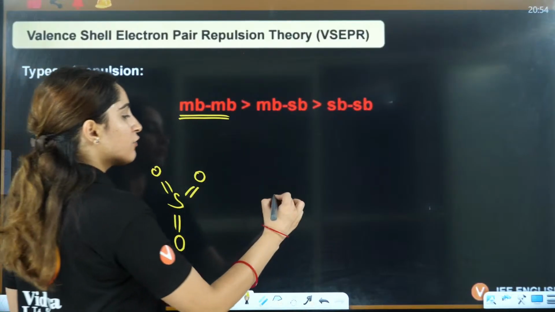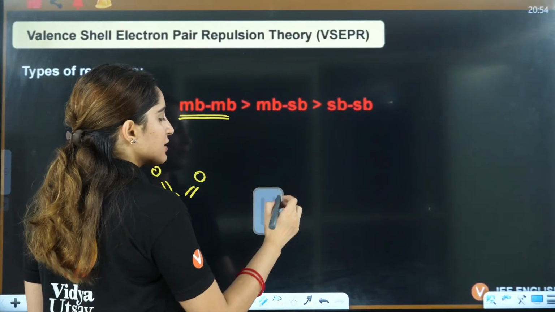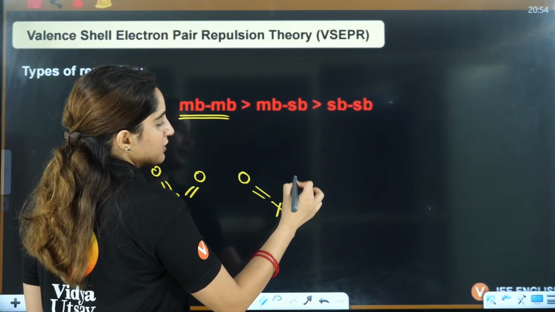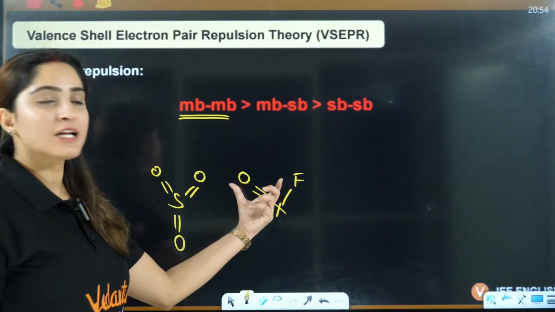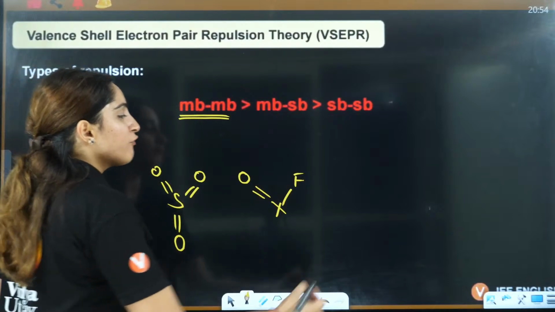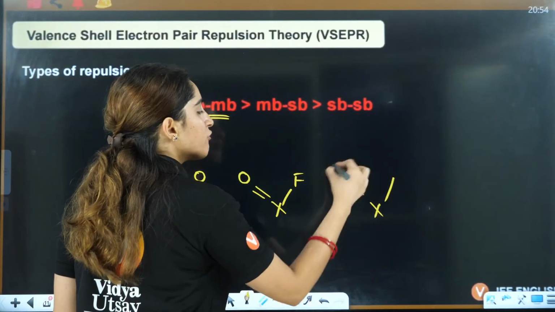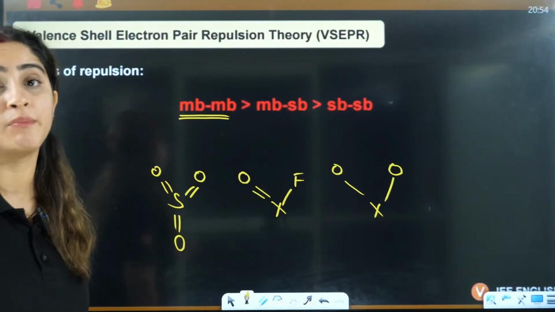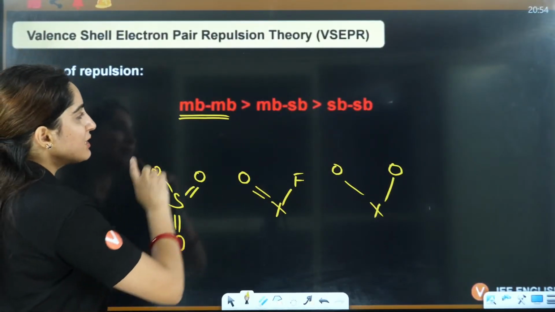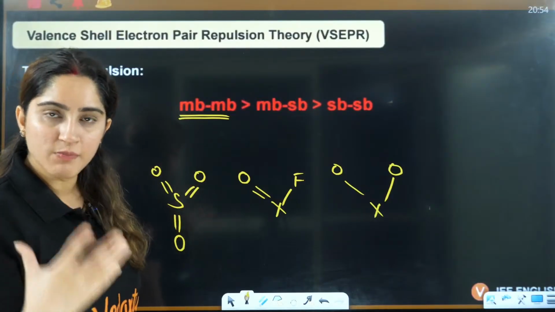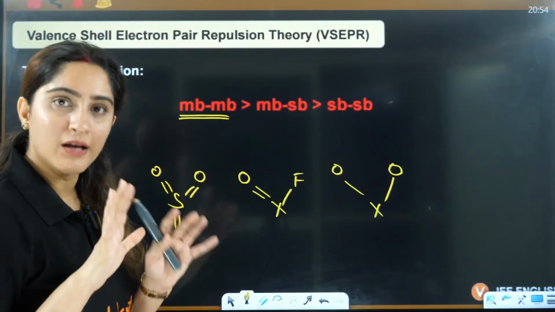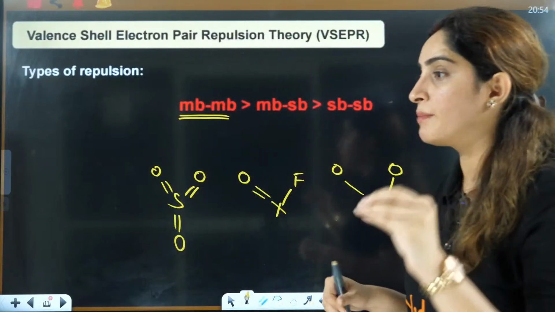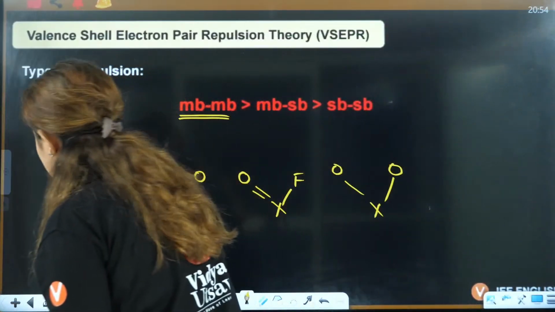If you have a set where you have a double bond, for example some X linked to a double bond on one side and a single bond on the other, there will be less repulsion. If both are single bonds, in that case there will be minimum repulsion. So multiple bond with multiple bond is maximum, then multiple bond with single bond is less than that, and single bond with single bond shows the minimum repulsion, right?